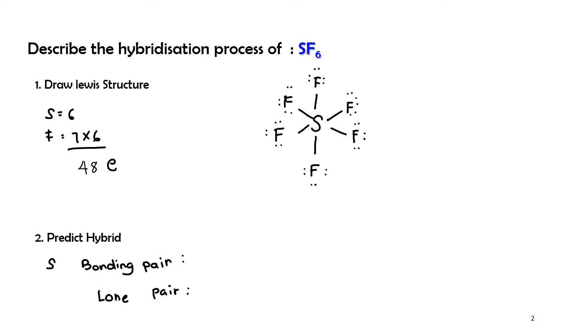And then the structure of SF6 will be like this, the Lewis structure, and you can see here the sigma bond, there are six sigma bond, so means the bonding pair here will be 6 and then no lone pair, therefore the total of the electron pair will be 6 electron pair, and this one will be sp3d2 hybrid.